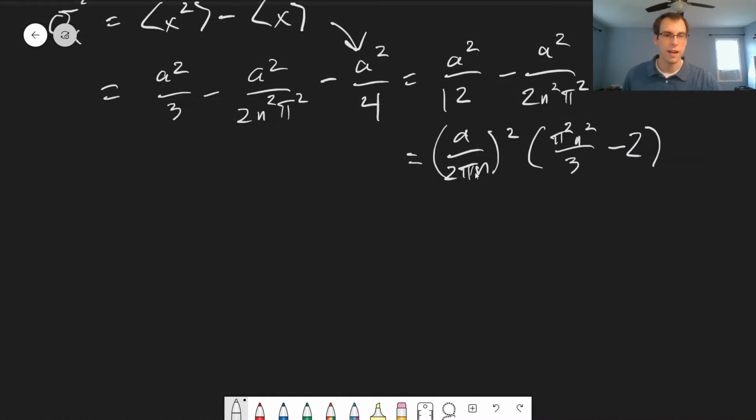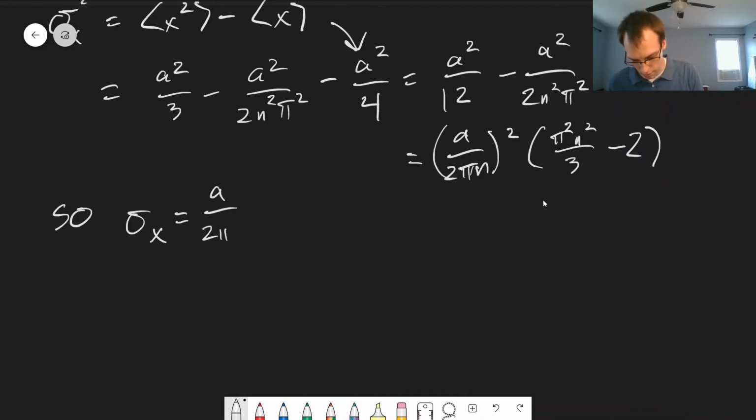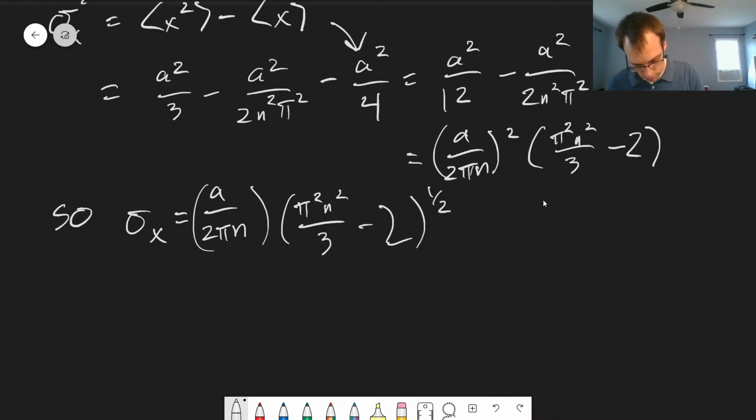It depends on n: the larger n gets, the bigger our uncertainty will be. Sigma x is the square root of that, since this was the variance. So sigma x is equal to a over 2 pi n times all the stuff on the right, square root: pi squared n squared over 3 minus 2, raised to the 1/2.